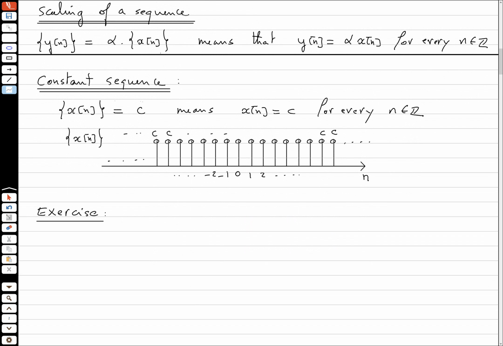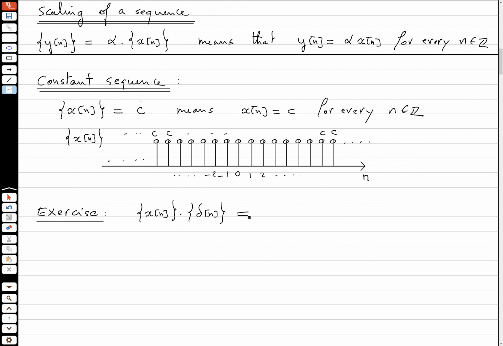And what is it? I'm going to take any sequence x of n, right? And I multiply it with delta of n, the impulse sequence. So this is the multiplication of two sequences, and you know what that means.